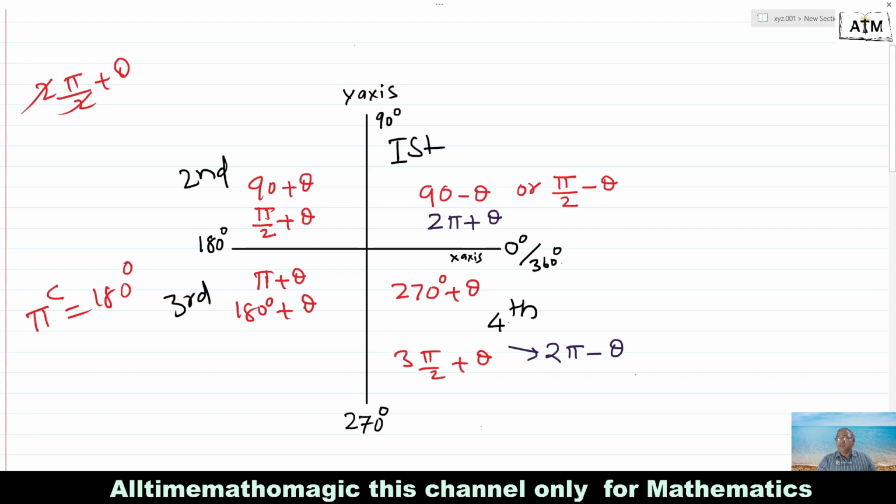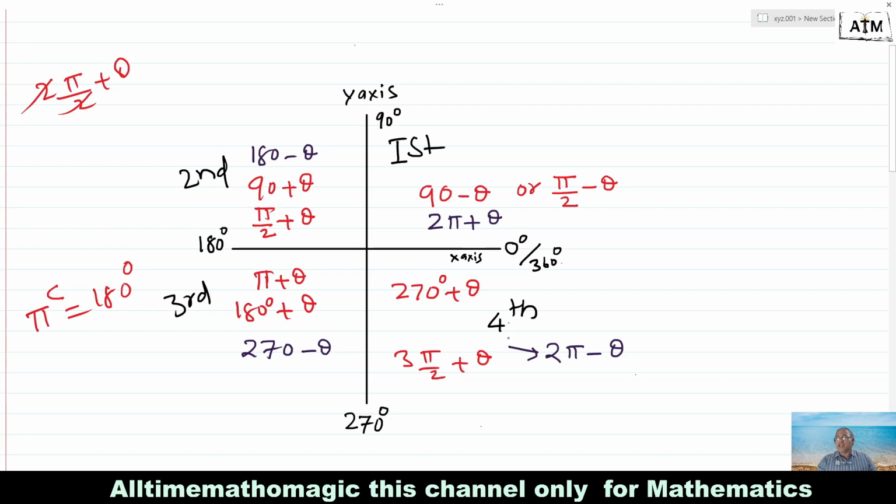Similarly, any angle in the second quadrant less than 180 degrees can also be written as 180 minus theta. And in the third quadrant, any angle less than 270 degrees can be written as 270 minus theta. In this way, in the fourth quadrant, we can write the angle as just discussed.